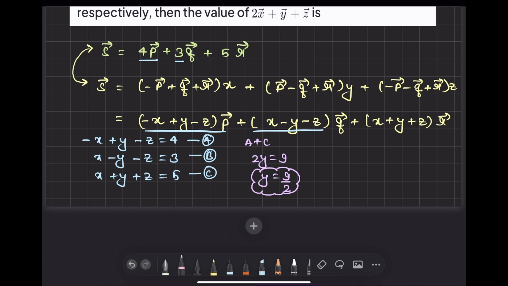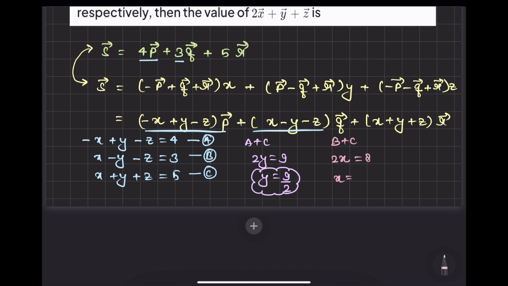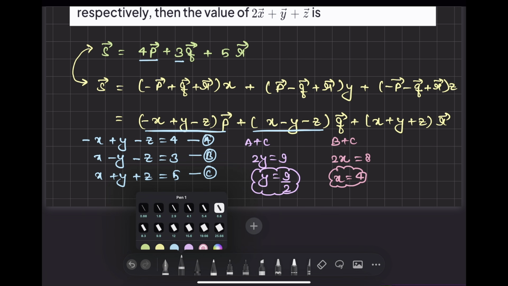Now proceed. Suppose that you are doing B plus C. Your y component and your z component will be eliminated. So you will be left with 2x equals 8, so the value of x will become 4. So you got your x.